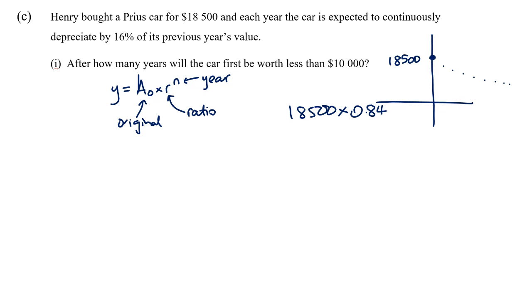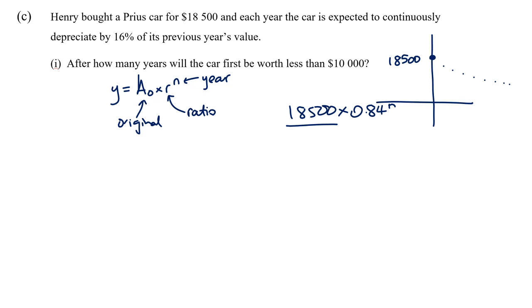But 100% minus 16% is 84%, or 0.84. Does that make sense? So if that's the original value and we times it by 0.84 to the power of n, does that give us what it would be each year?